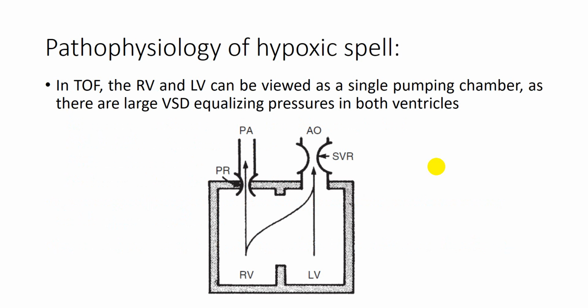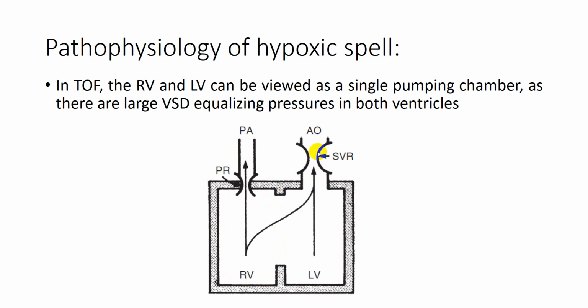Now, what's the pathophysiology behind the hypercyanotic spell or hypoxic spell? Look at this diagram. This is the left ventricle, and this is the right ventricle, and this is the large VSD between the left and right ventricles.